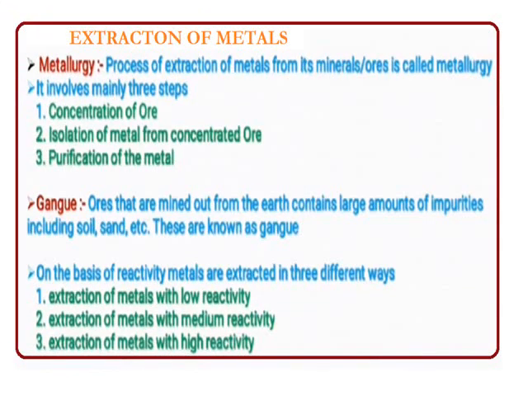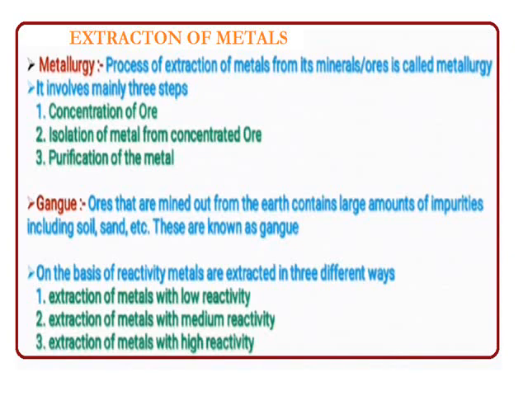This slide gives you the important definitions of some terms which we commonly use in the extraction of metals. Metallurgy: the process of extraction of metals from its minerals or ore is called metallurgy.